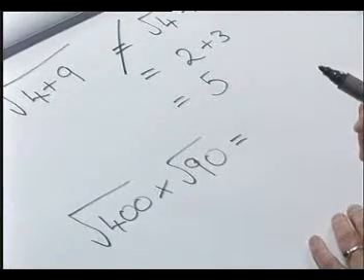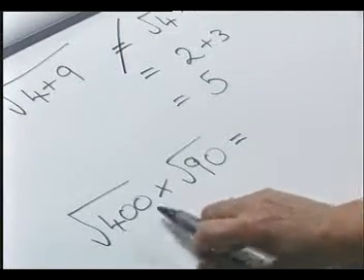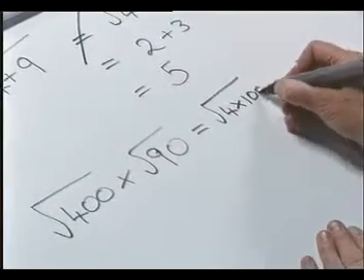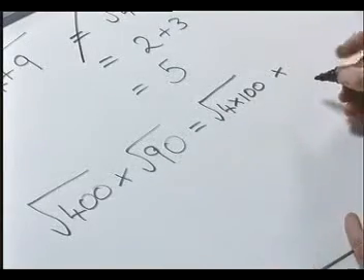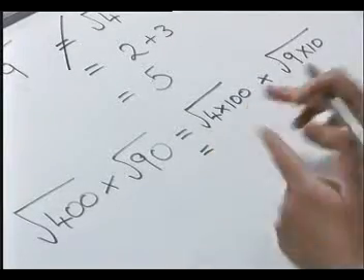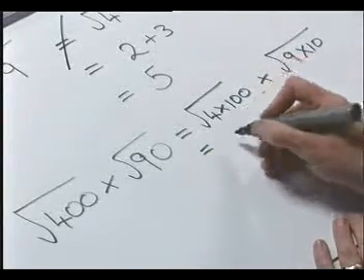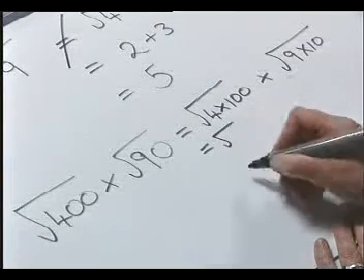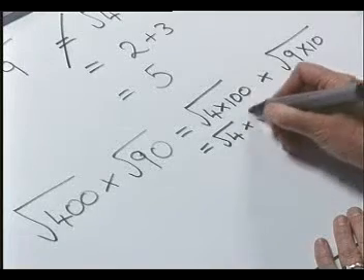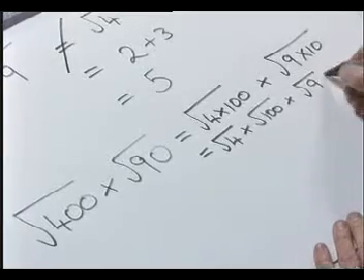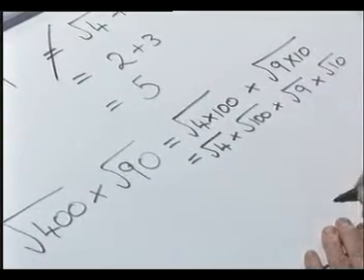And this helps us to rewrite these square roots. We can write square root of 400 as the square root of 4 times by 100, and the square root of 90 is the square root of 9 times 10. Then we expand out and we say that this product and the square root of that product is the square root of 4 times by the square root of 100 times by the square root of 9 times by the square root of 10.